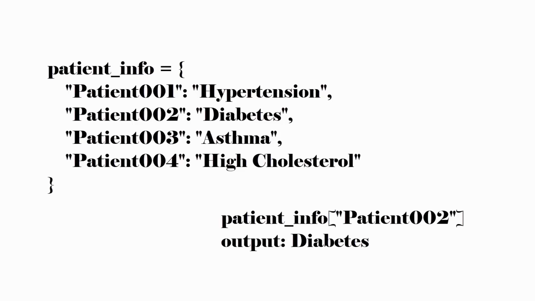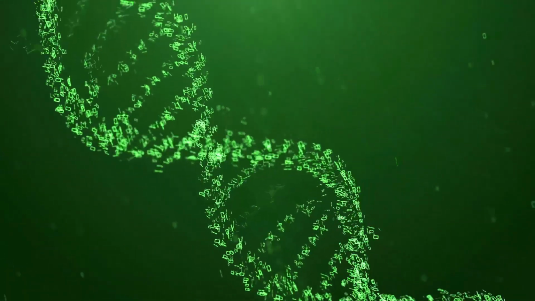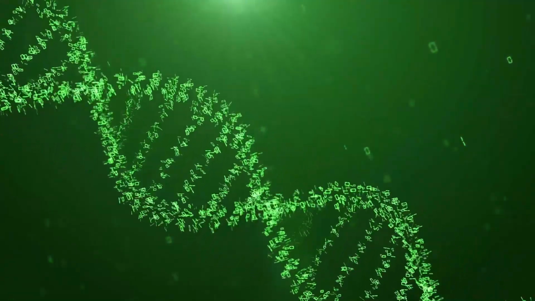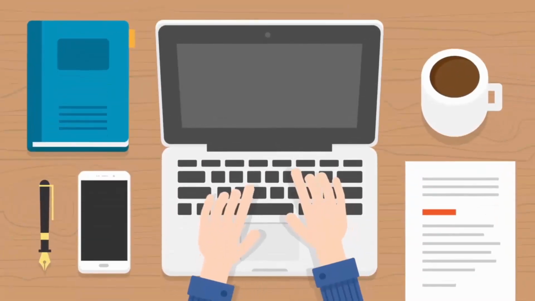Dictionaries in Python are incredibly useful for organizing and accessing related pieces of information effectively, making them invaluable tools in healthcare settings and beyond. They allow professionals to easily manage patient data and provide better care based on accurate and accessible information.